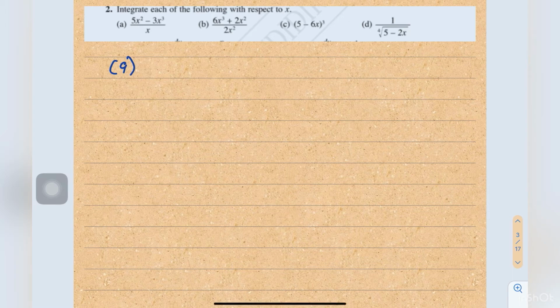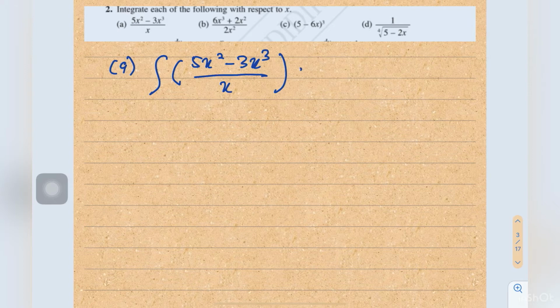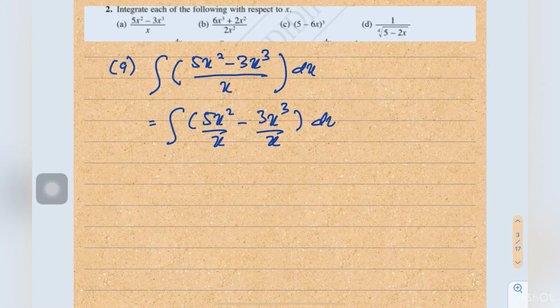2a, integrate each of the following with respect to x. So integrate 5x squared minus 3x cubed over x dx. We simplify first. So here we have 5x squared over x minus 3x cubed over x dx.